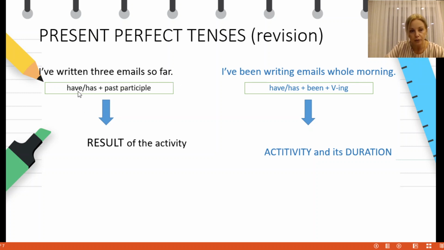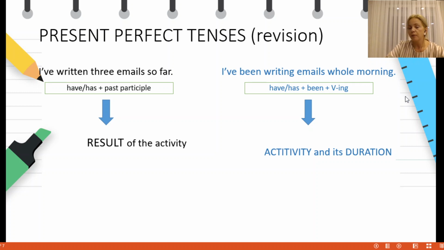So I have used the auxiliary verb have or has plus the past participle of the verb, which is this form here. In the second sentence, I've used the present perfect continuous tense. It says, I've been writing emails the whole morning.